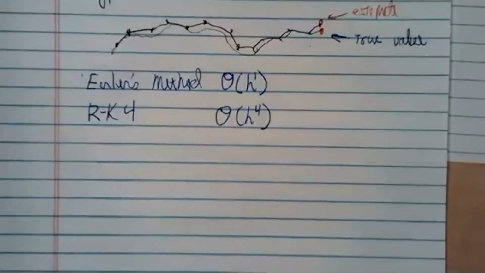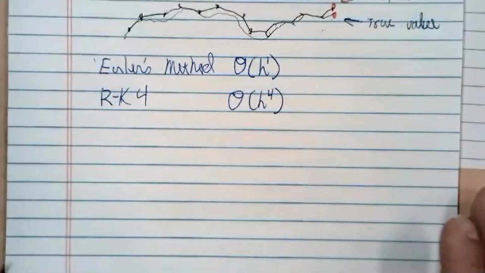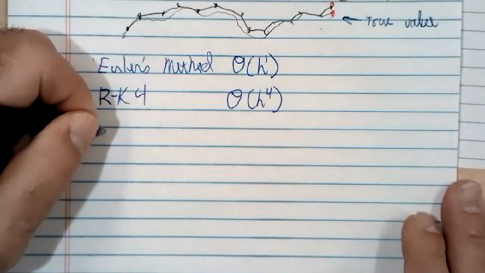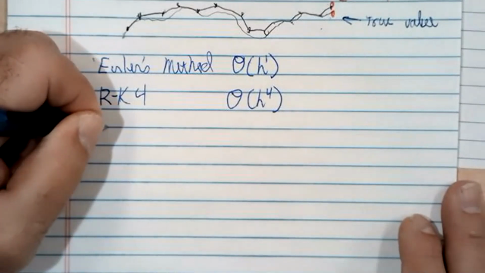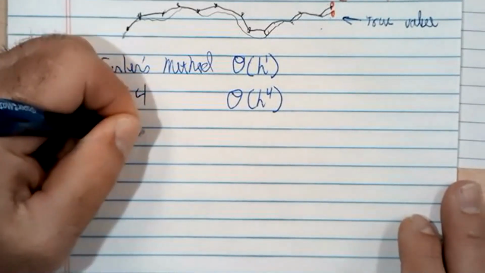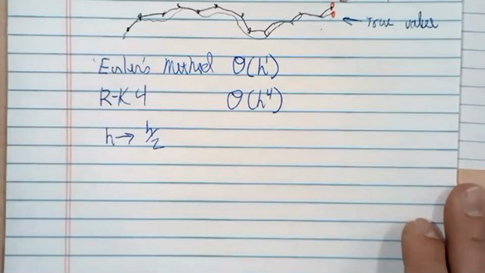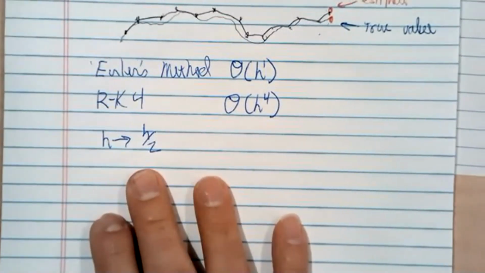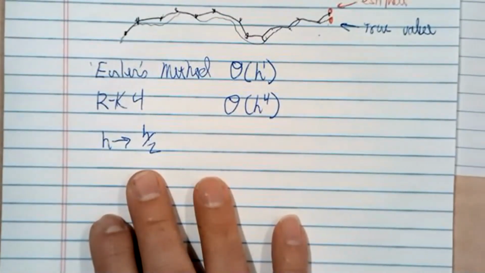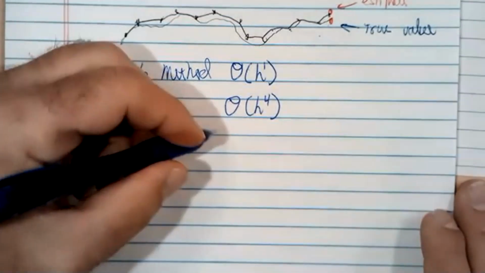So if there were no round-off error, what we're saying is this. What if we replace h by h over 2? So what would happen if you cut your step size in half? That's the big question.